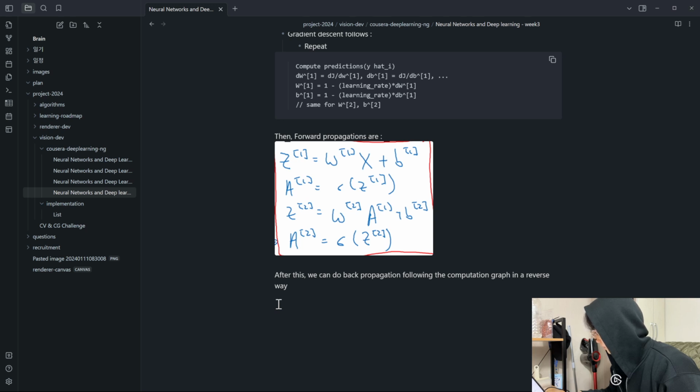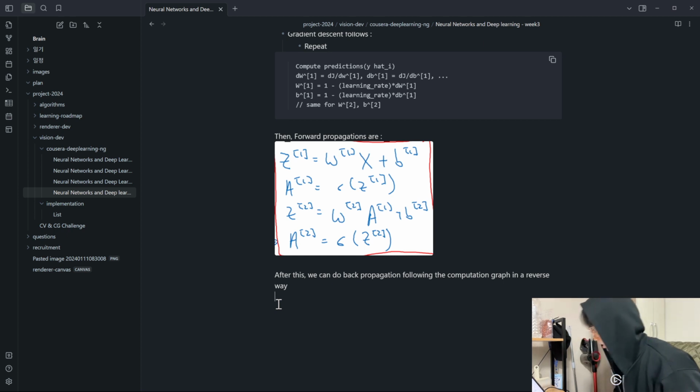So by having keepdims equals True, this ensures that Python outputs for db2 a vector that is n by 1. In fact, technically this will be n2 by 1. In this case, it's just a 1 by 1 number, so maybe it doesn't matter, but later on we'll see when it really matters.